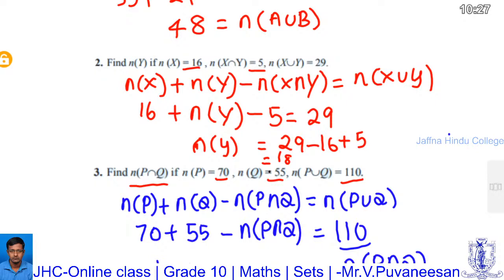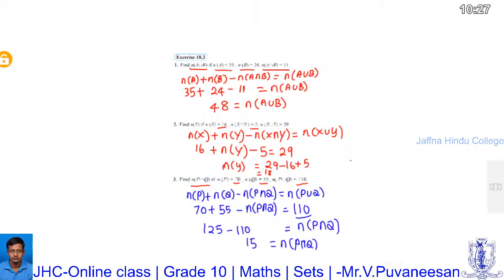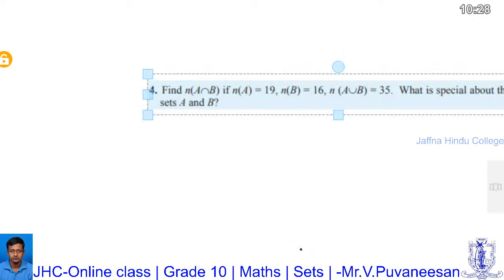So number of P intersection Q is equal to 125 minus 110, 15. Okay, 15. This is easy to do, I think, because we only substitute the values in the formula and get the unknown.